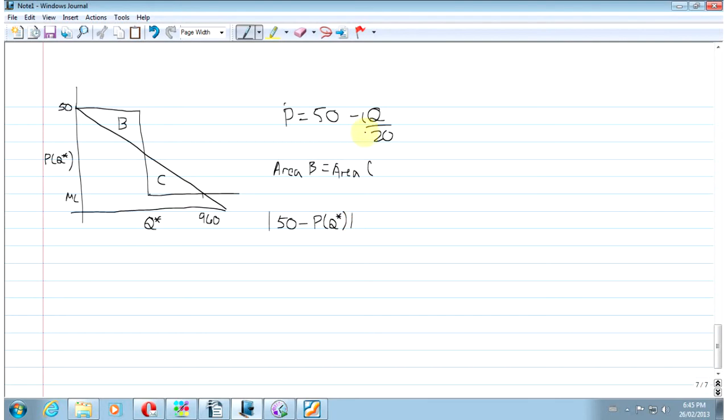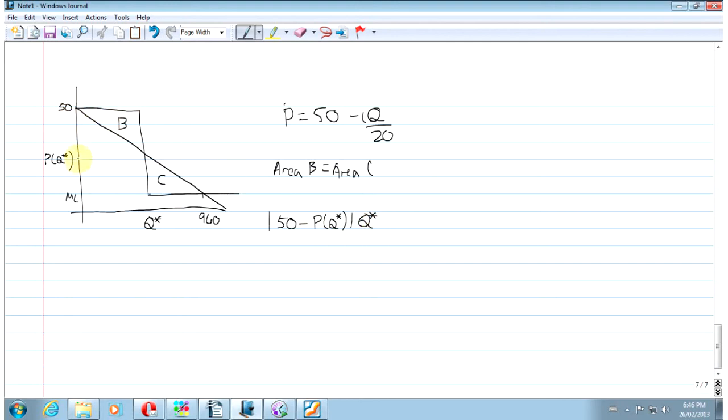This is going to be important. It's the absolute value of 50 minus P of Q star, multiplied by Q star, right?